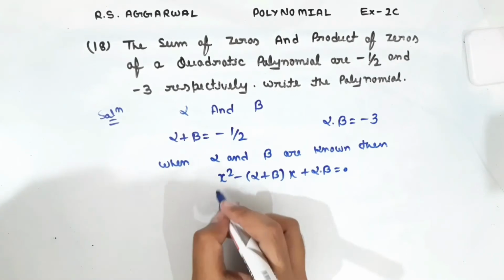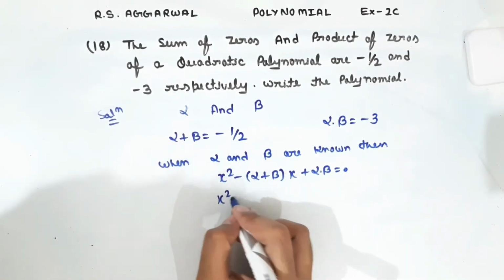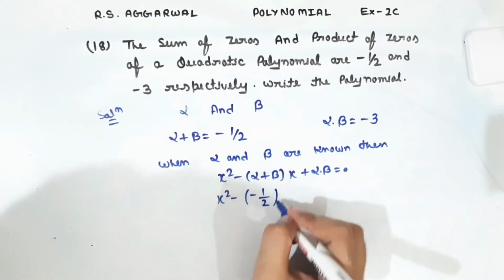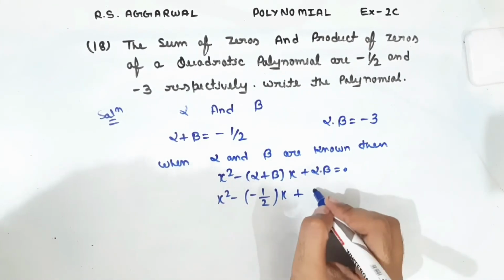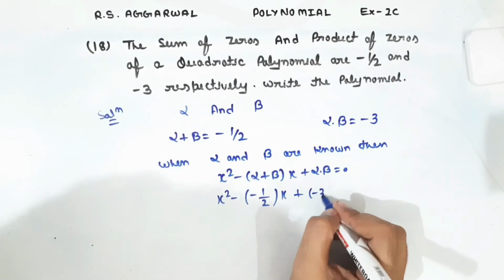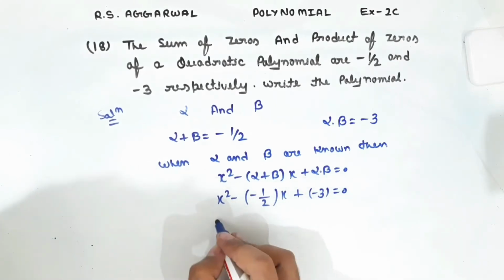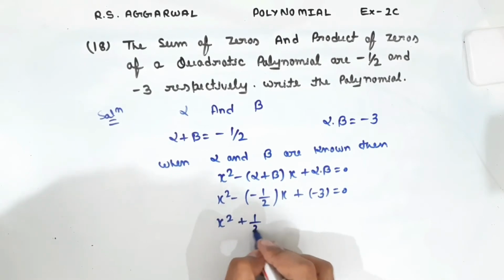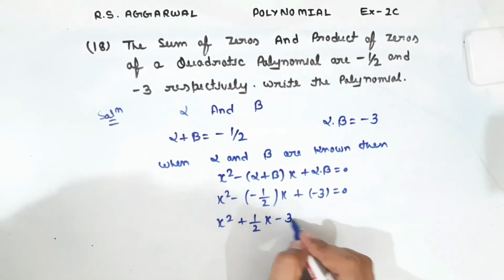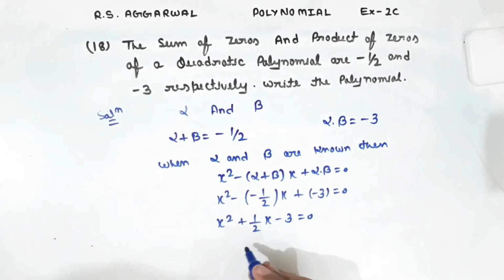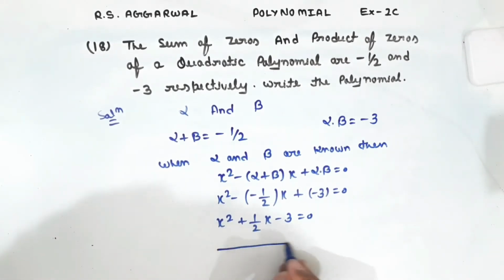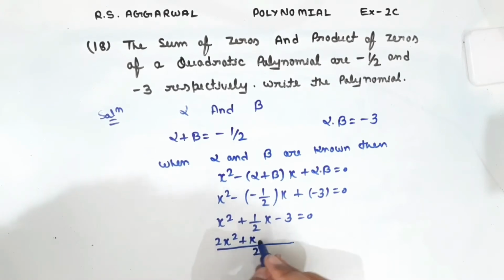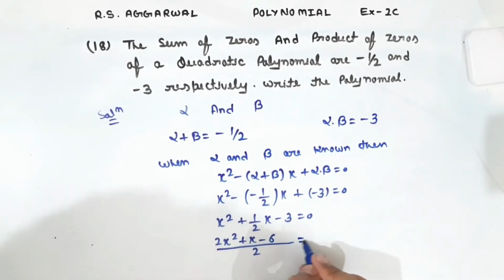So now putting the values, x square minus (alpha plus beta), that is minus 1 upon 2, x plus alpha into beta, that is minus 3, equals 0. So x square plus 1 upon 2 x minus 3 equals 0. Now taking LCM, 2 will be the LCM. So this will become 2x square plus x minus 6 equals 0.